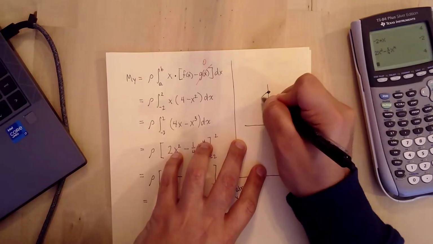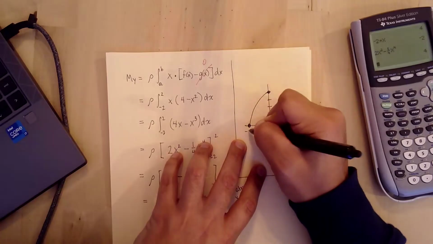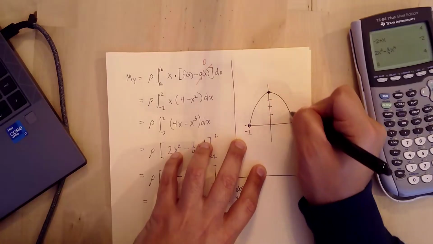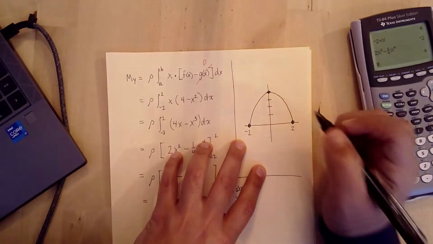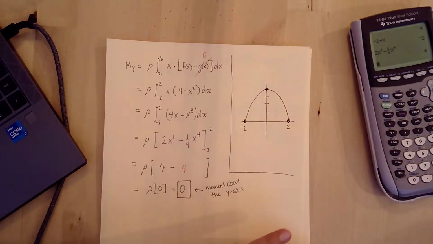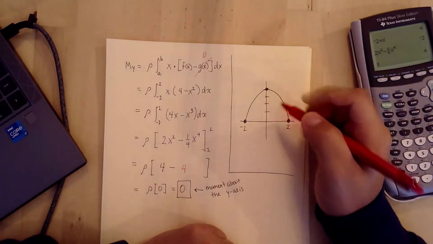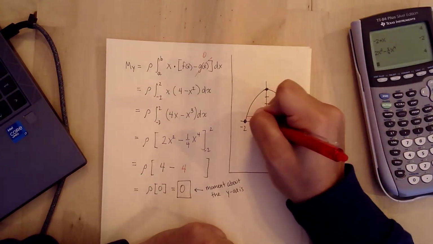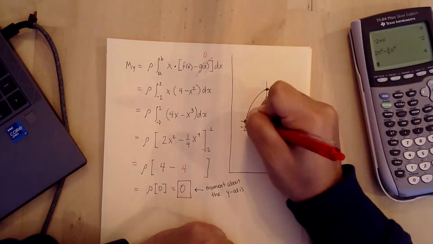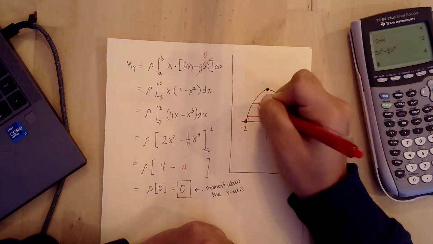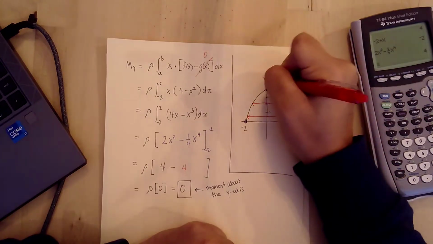We had a point right here. This was -2. This was +2 over here. If you notice, this function is perfectly symmetric about the y-axis.